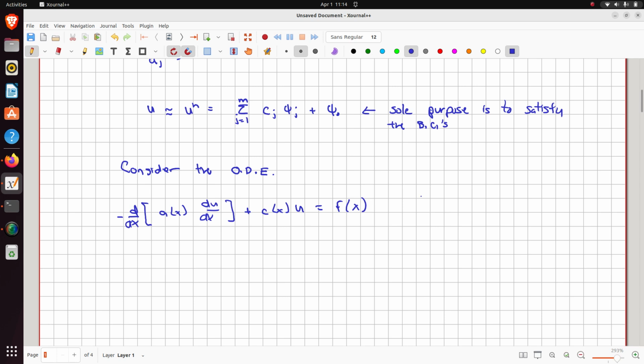So this is the ODE. It's going to be defined on the domain from x equals 0 to L. And then we're going to have the boundary condition that u of 0 is equal to u0.